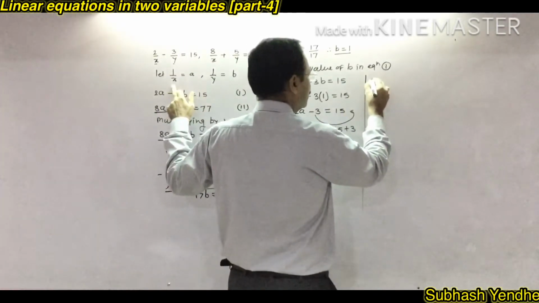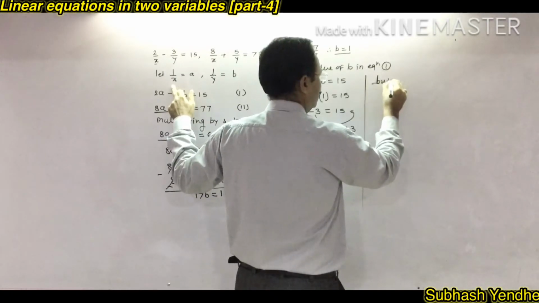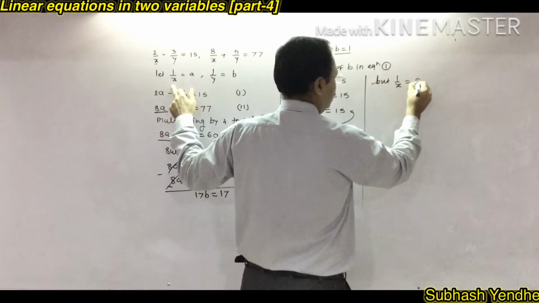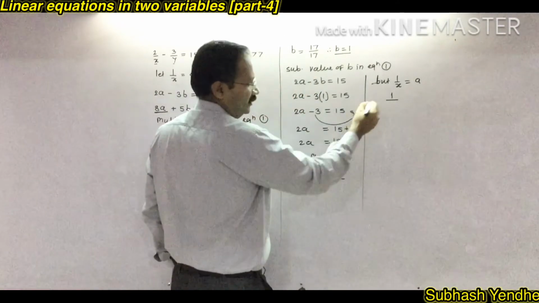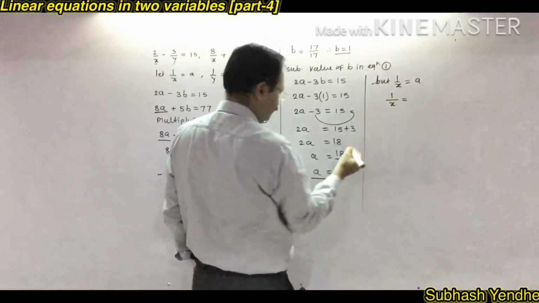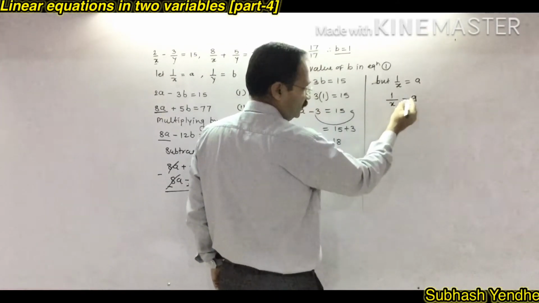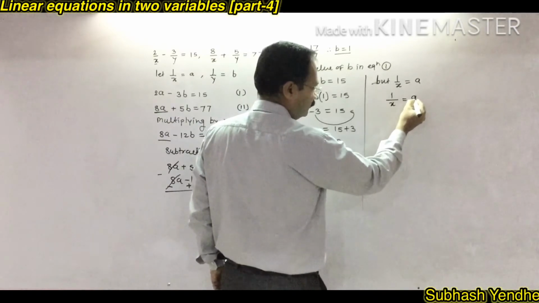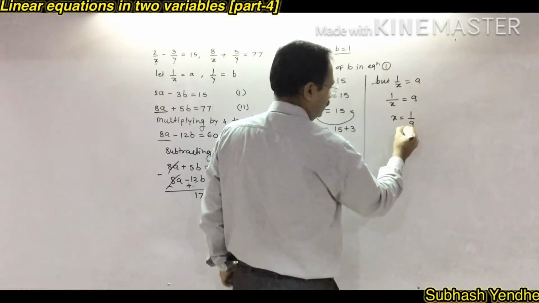So here 1 upon x equals a. Substitute: 1 upon x will be as it is, and the value of a I got here is 9. So 9 comes on this side and x goes on that side. So x you will get is 1 upon 9.